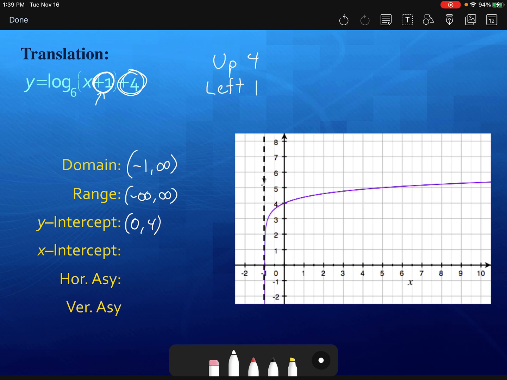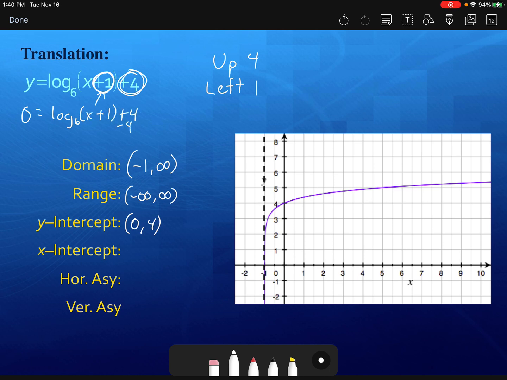Boy, I guess I can put 0 in there, can't I? So log base 6 of x plus 1 over log 6 plus 4. Nope, sorry. That's the wrong way. It'd be 0 equals this, doggone it. And we've got to find x.